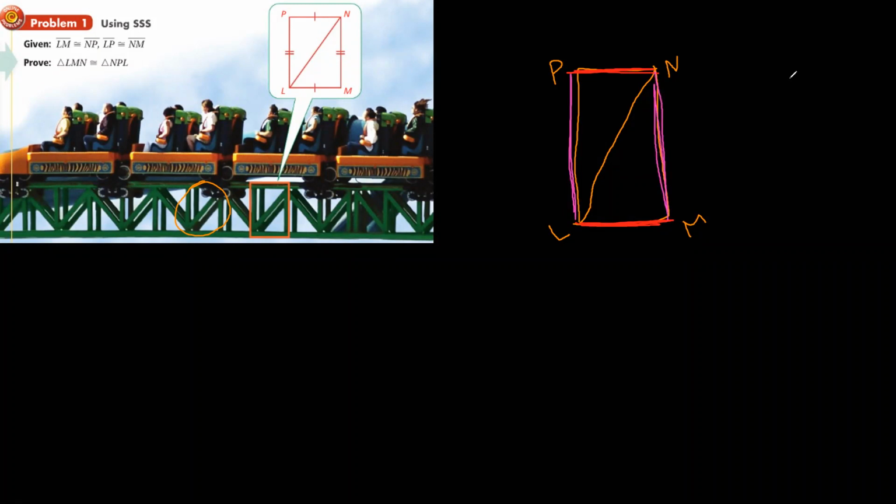I want you to prove that the triangle LMN is congruent to the triangle NPL. I want to prove that this triangle is congruent to this triangle. What did you say?